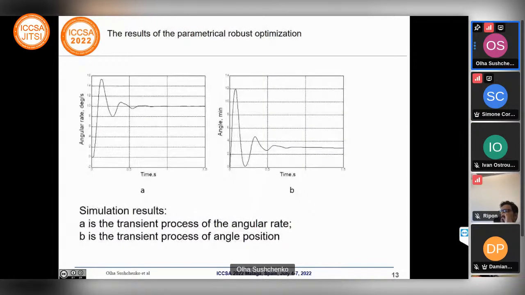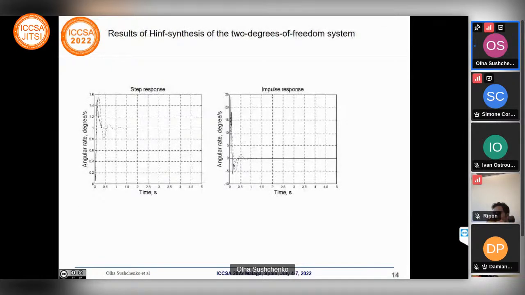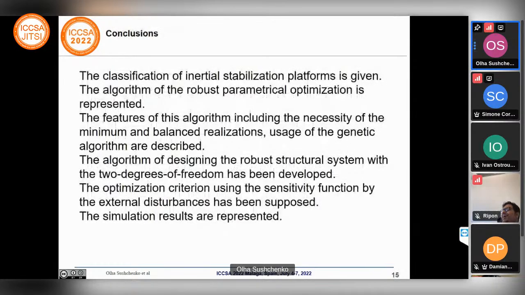Further, you can see results of this robust parametrical optimization and structural parametrical optimization. Pay your attention that the dotted line corresponds to change of parameters plus minus 50%. That it's impossible to achieve without using robust control. And conclusions.